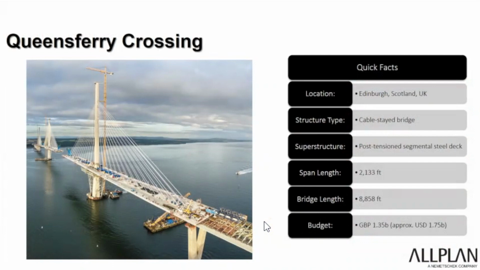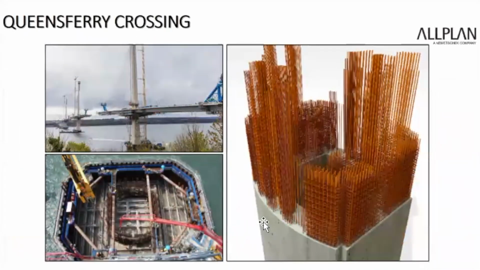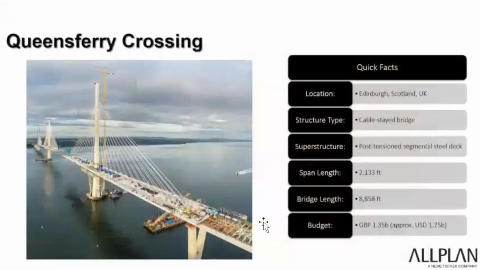But because the entire bridge was modeled in 3D from the beginning, and they integrated the BIM modeling into the FEM quite well, they were able to try a couple of design concepts in the FEM that allowed them to then slim down the design of the bridge pylon. So they wound up bringing this bridge in under budget by about 200 million pounds. It is, at least in my experience and my awareness, almost unheard of for a project of this size and this scope to not only come in on budget, but under budget by close to 15%.